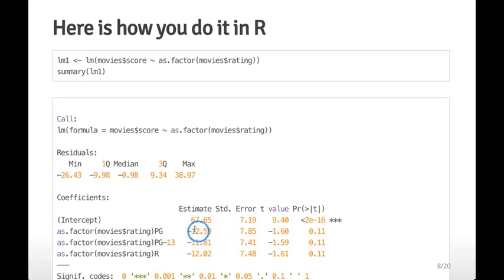For example, if you're a PG movie, your average rating is 67.65 minus 12.59, so you have a slightly lower rating. Here, none of the p-values are significant, and the t-values aren't very large, and that's, I think at least in part for this data set, because there are so few points among the G ratings that it's hard to tell if we've actually observed a big difference or not.